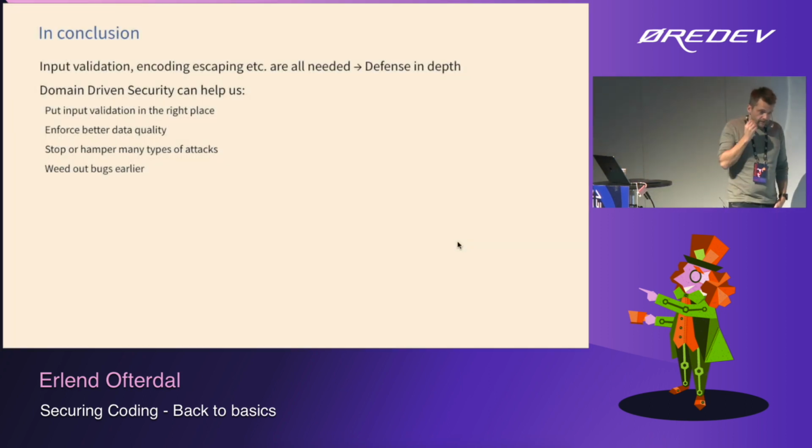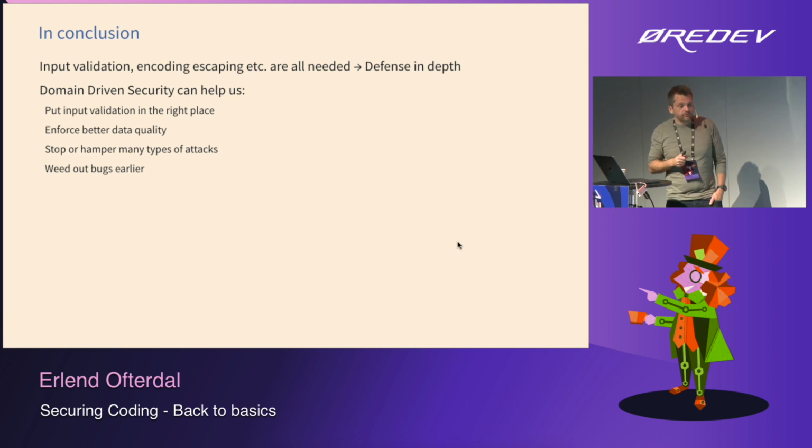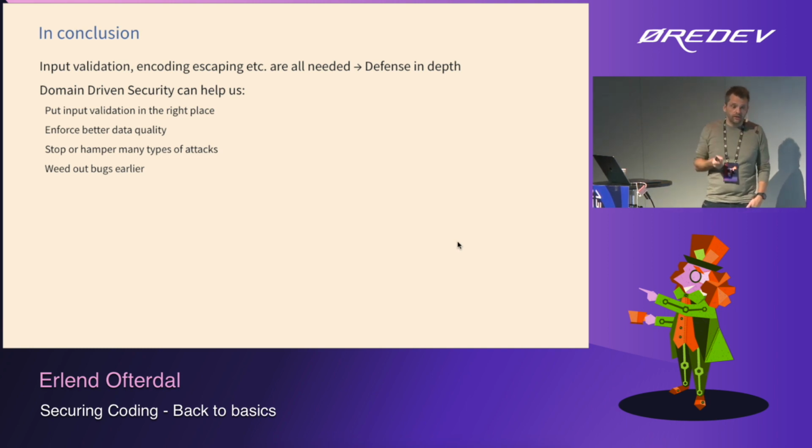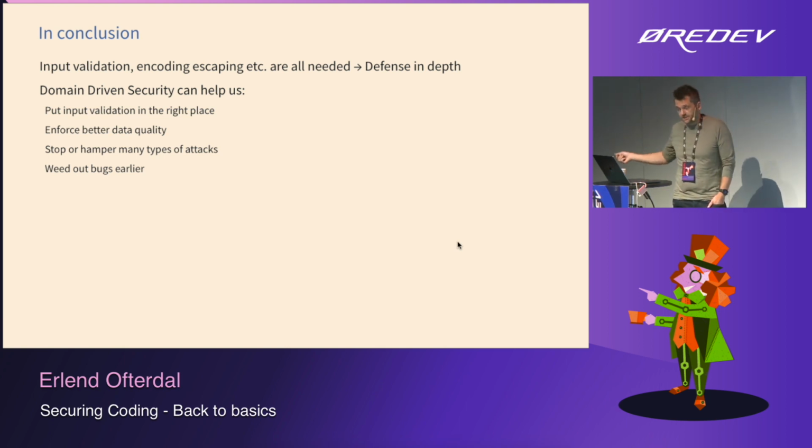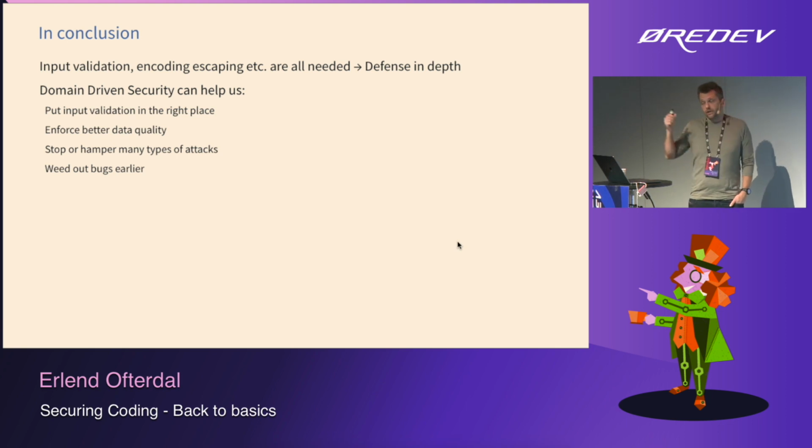So hopefully this should result in this conclusion, that input validation and encoding and escaping and those kinds of things are all needed. So we looked at input validation, we saw the stuff that we could do there, but we also saw that we need the escaping and encoding and parameterization and stuff like that, because those are two different problems.